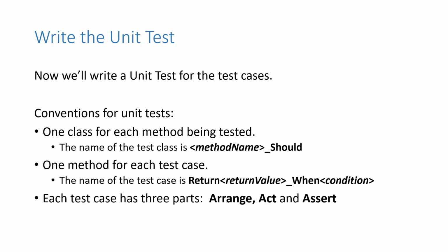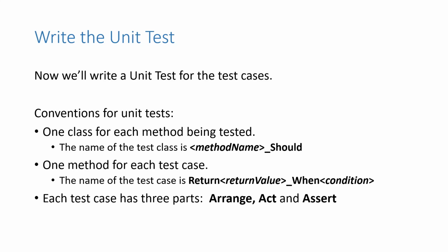As we build the test cases, there is a naming convention used in test-driven development. You'll find that different practitioners use slightly different conventions, but these are the ones I'm going to use. The name of the test class is going to be the method name that you're testing with an underscore should. Then you'll build one class for each method being tested.